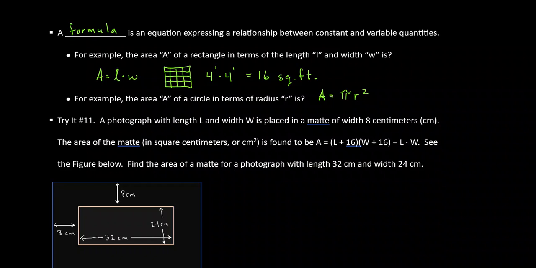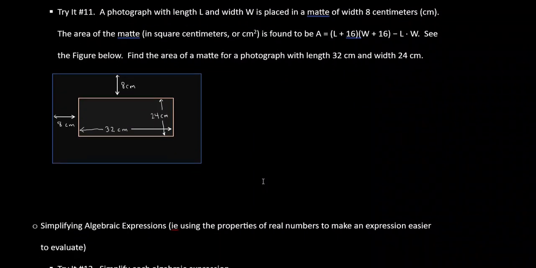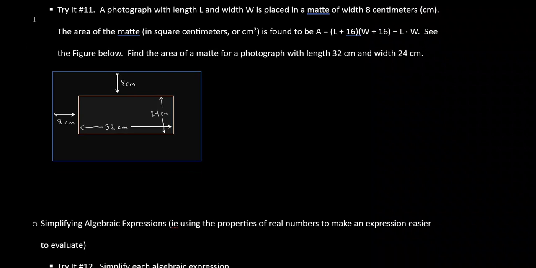So let's look at an example here. Try it number 11. A photograph with length L and width W is placed in a mat of width 8 centimeters. The area of the mat is found to be A equals parentheses, and you can see the equation here, see the figure below.